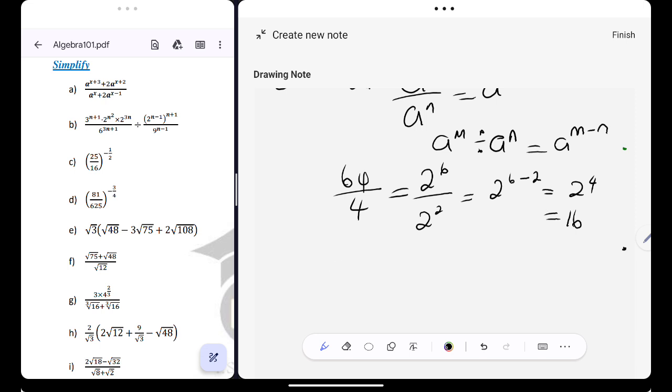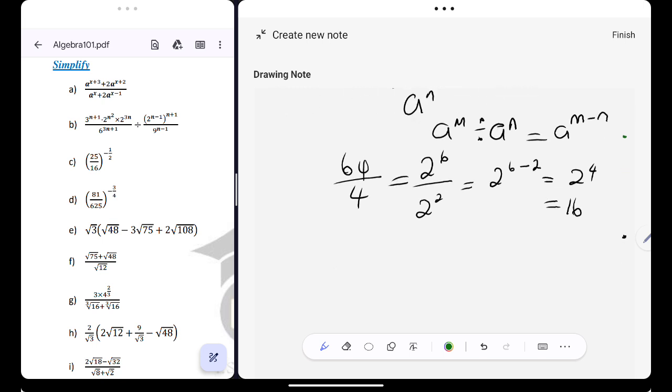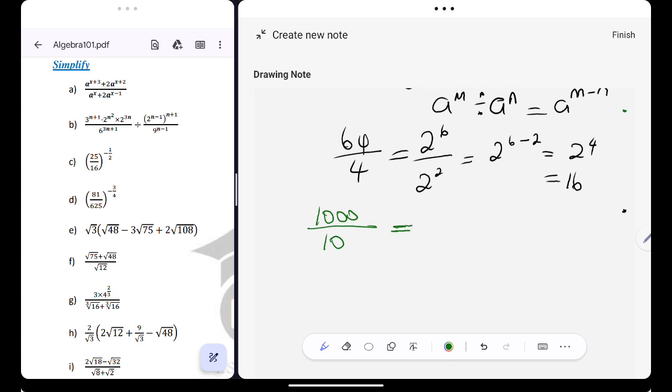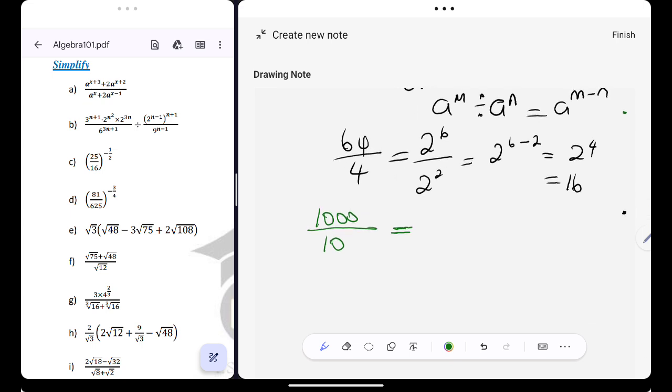So do an example as well. Let's say 1000 divided by 10. Just pause the video. Okay, I'm assuming that you got 1000 is the same as 10 to the power 3, all over 10.